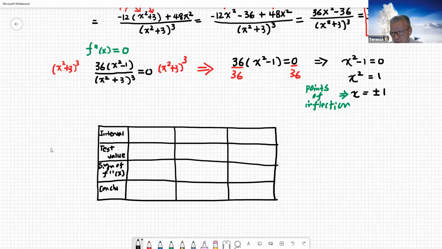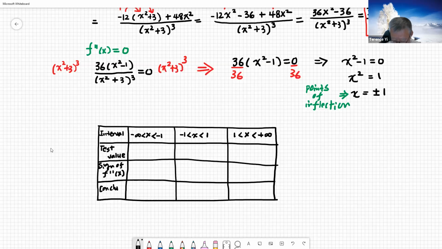So since the points of inflection are plus or minus 1, we can set up the intervals from minus infinity to negative 1, from negative 1 to positive 1, and from 1 to positive infinity.